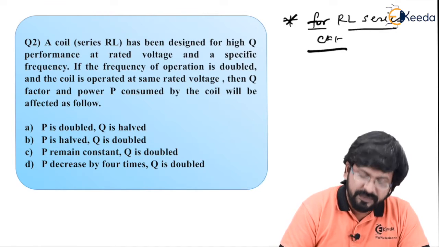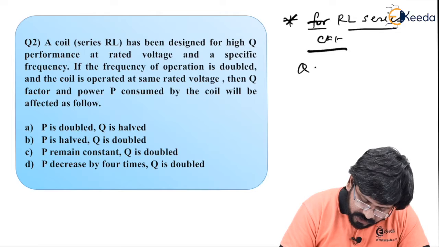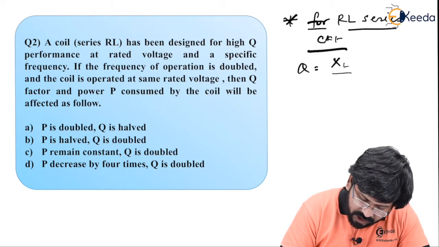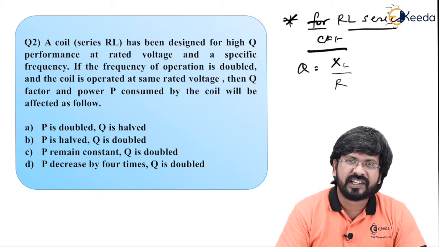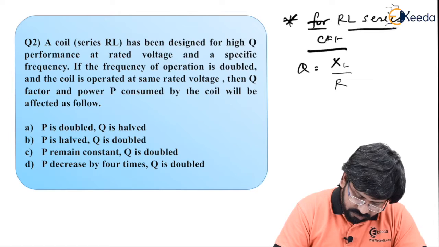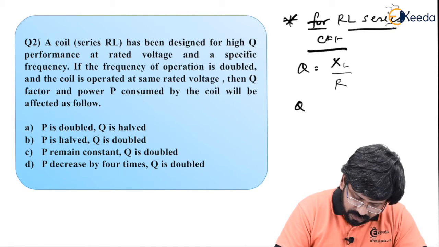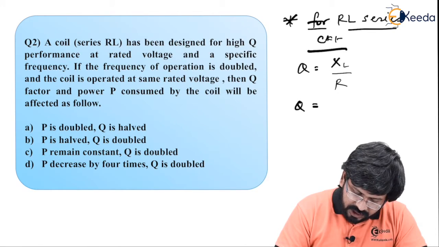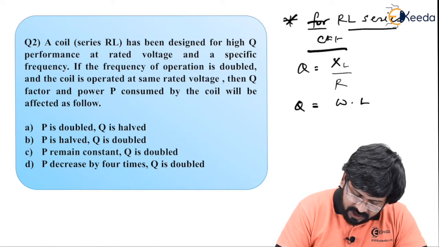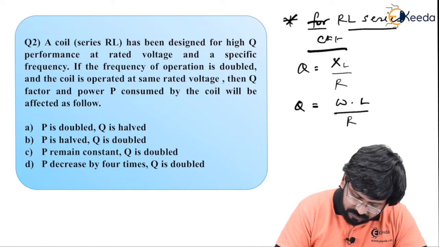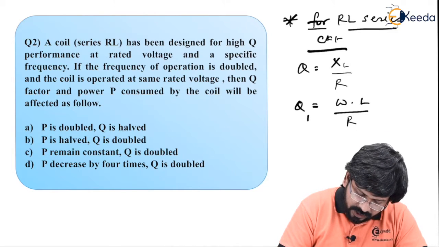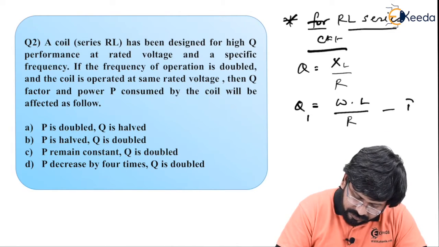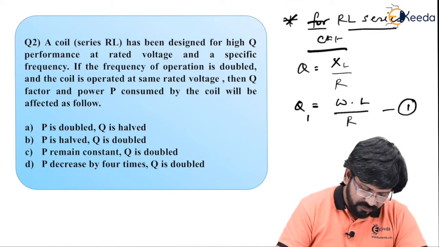For RL series circuit, you should never forget Q is XL upon R. Remember, if it would have been RL parallel circuit, I would have written as R upon XL. I can say XL as omega times L upon R. Rather, I will say this is Q1. Now, what is done?